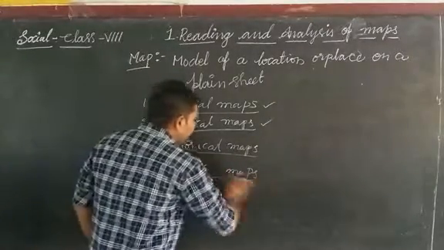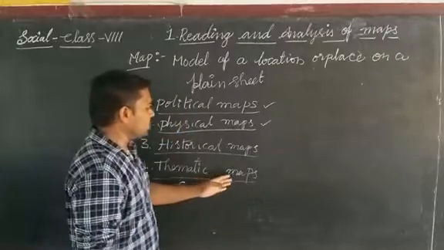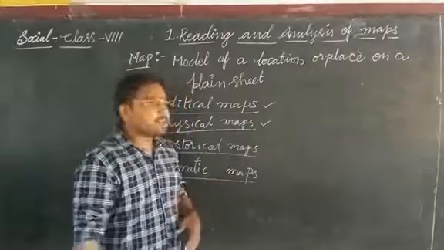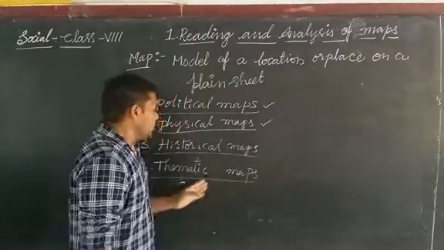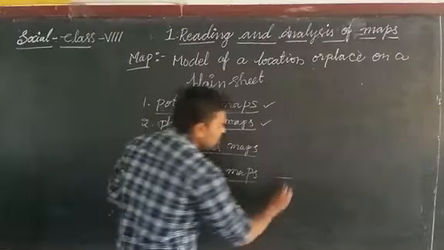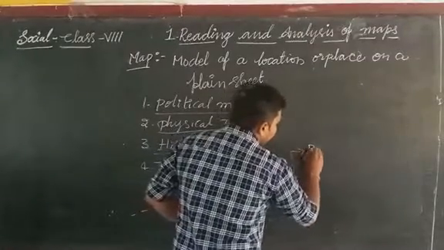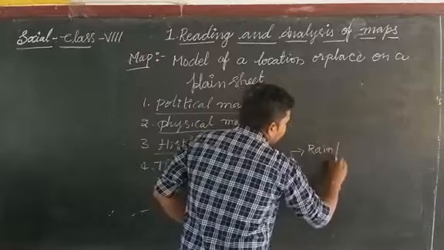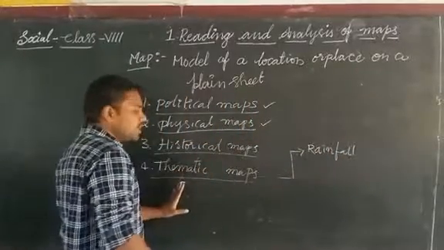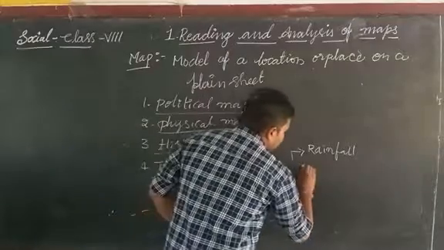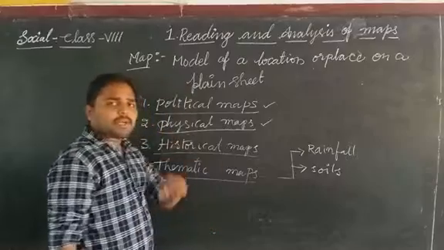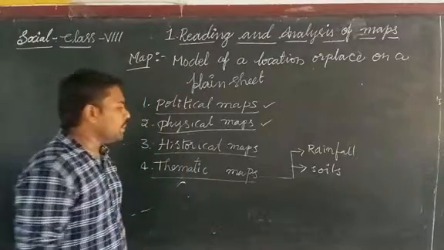Now coming to thematic maps. Thematic maps are the maps that show only one aspect. For example, if you show the rainfall of a particular region, we should use thematic maps. If you show the different types of soils of a particular region, we should use thematic maps.